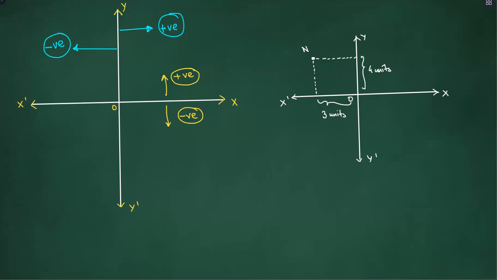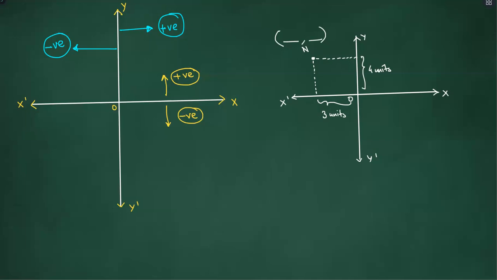First of all, we write down the x coordinate and then the y coordinate. First we write down the abscissa and then we write down the ordinate. So I want to write down the coordinates of this point n. n is going to have 2 components, the x coordinate and the y coordinate. What will be the x coordinate?